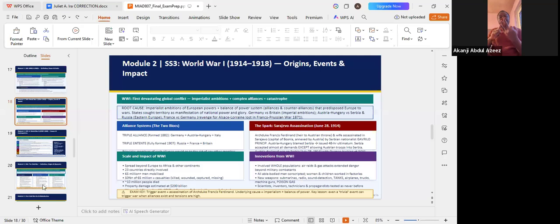Number 3, the establishment of international institutions, which means the failure of pre-war diplomatic mechanisms. There were diplomatic means to solve disputes, but they failed. So this led to the war. Before the war we had the League of Nations, right?